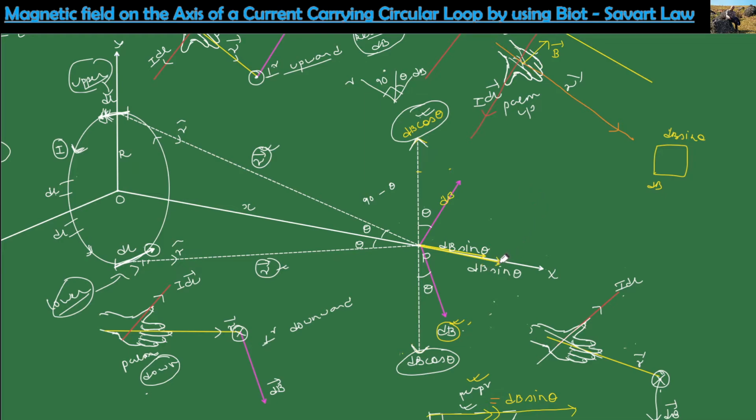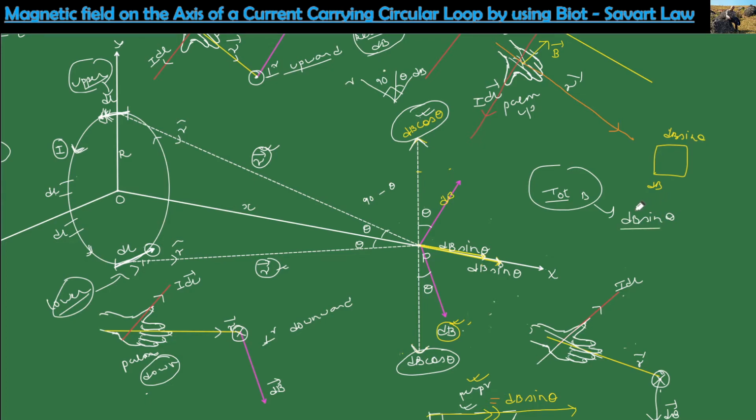What are the two vectors which act in the same direction? These are the two vectors which act in the same direction. So the total magnetic field due to this entire coil will be purely due to this component, dB sine of theta.